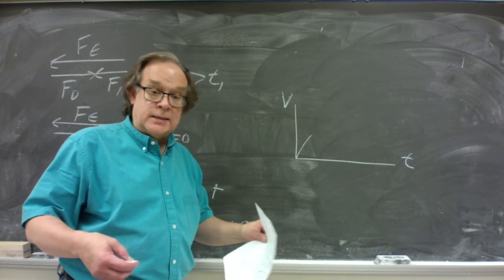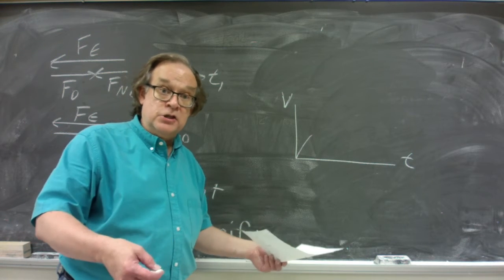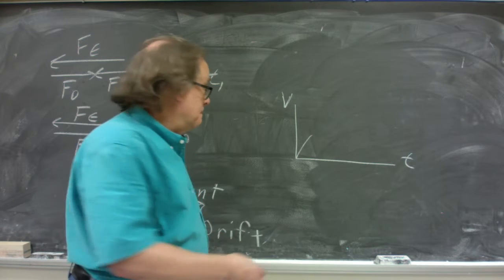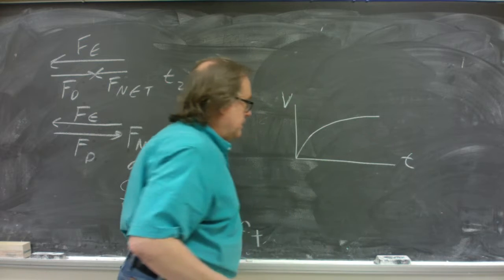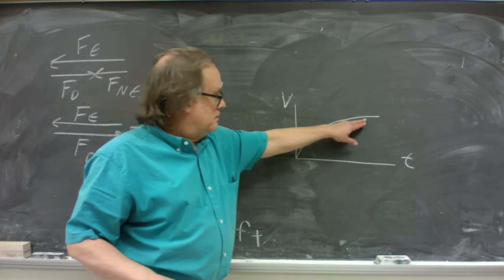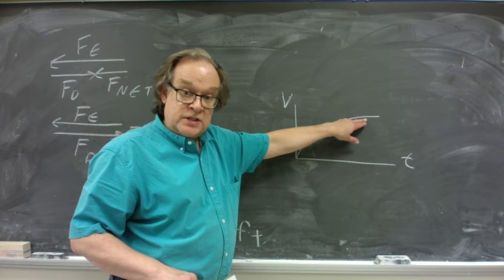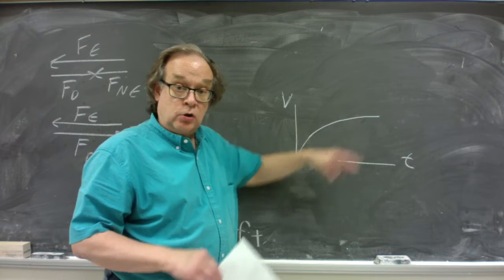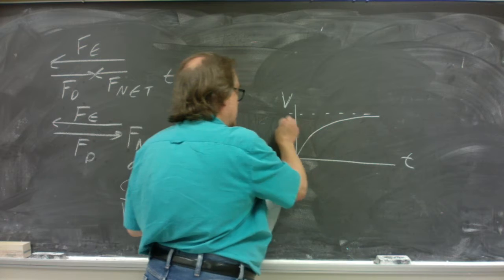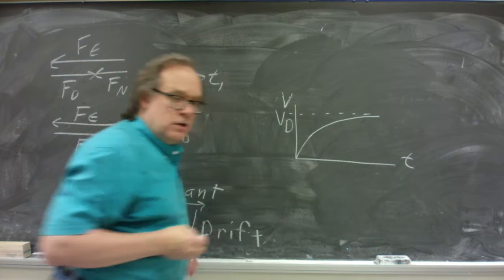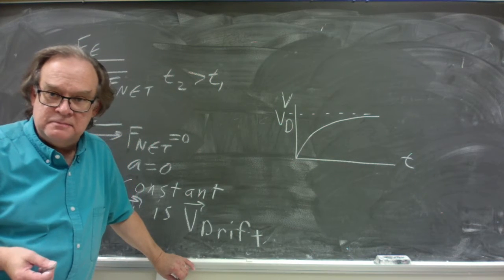That is less and less additional velocity per second, until essentially the electrons aren't speeding up at all any longer, and you've achieved pretty much a constant velocity, and that's the drift velocity.